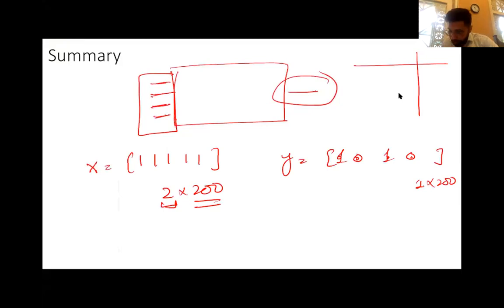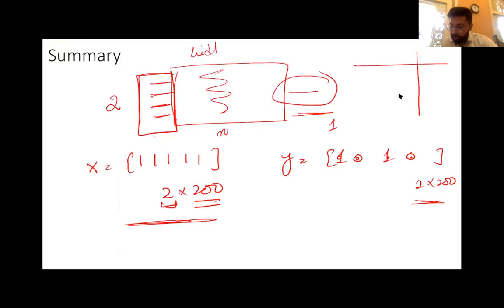Okay. So now how many input units should my neural network have? 2, right? Because it has to match the data. How many output units should my neural network have? 1, because it has to match the size of my output data. Okay. What happens inside here? The hidden units. What happens with hidden layers and hidden units? That's a design choice.